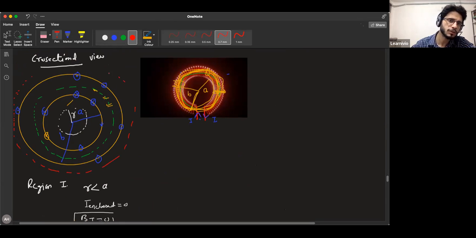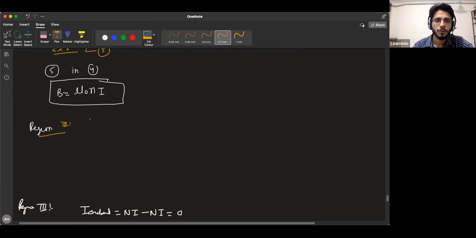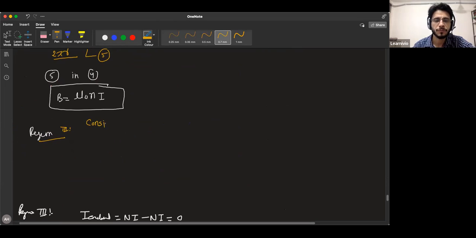So we consider an Amperian loop of radius r greater than b.